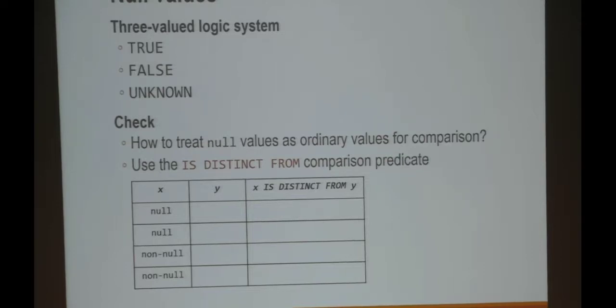So if I have this y as null, and this is non-null, this one is null, this one is non-null, what do you think the answer will be? I said two null values are not equal, but they are not distinct. So this one is actually false.